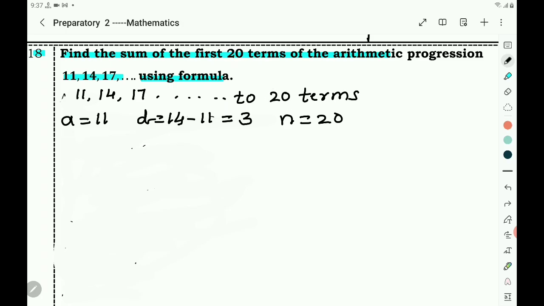You have to find the sum of first 20 terms. Therefore, you write n equals 20. Then question mark is for S. S equals question mark. Then you write the formula for Sn.